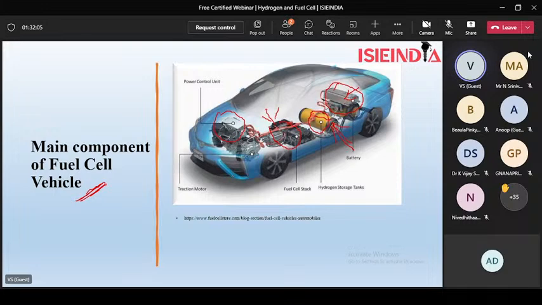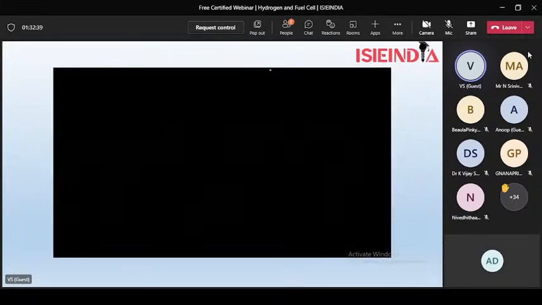Suppose the fuel cell is delivering power to the traction motor, and during peak conditions the controller will give control to the battery to supply the traction motor. This is the traction motor connected here. This is the main component of the fuel cell vehicle. Now I will show a video on this.